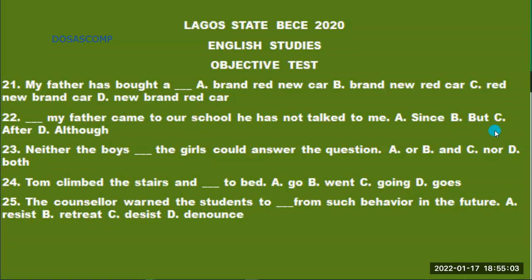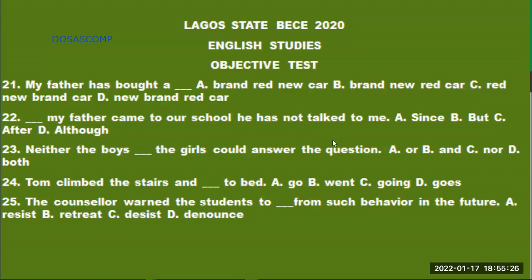C, after. After my father came to our school, he has not talked to me. This sounds a little bit okay, but it's not really perfectly correct. It doesn't fit in as since would fit in, you know.